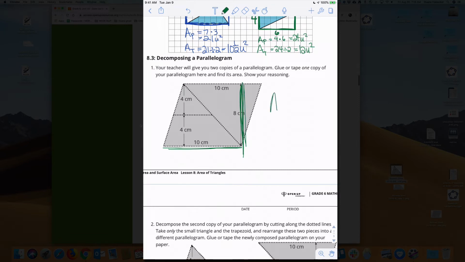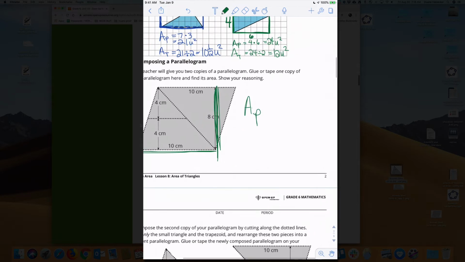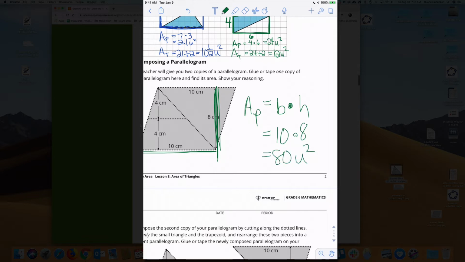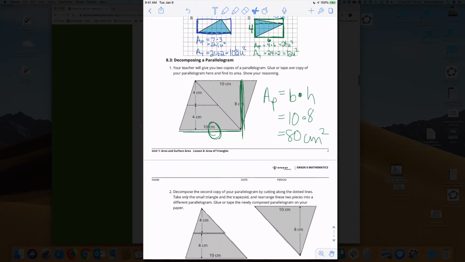So the area of our parallelogram is base times height, which is, in this case, 10 times 8, which gives us 80 square units. And actually, since they tell us the units are centimeters, technically we shouldn't have a U, we should have a cm for centimeters squared. So we've got 80 centimeters squared. All right, so that's the area of that initial parallelogram.